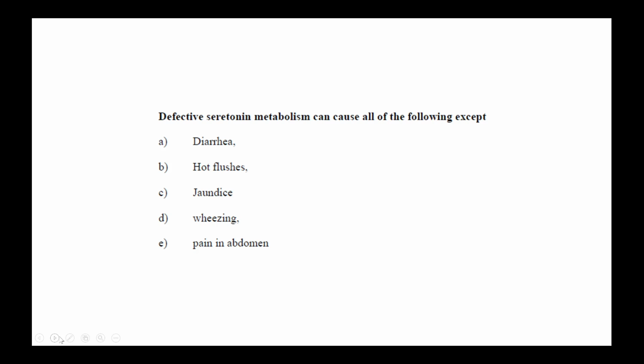Moving on to the next question. Defective serotonin metabolism can cause all the following except: option A, diarrhea; option B, hot flushes; option C, jaundice; option D, wheezing; option E, pain in abdomen.